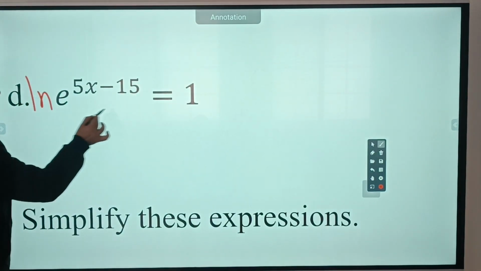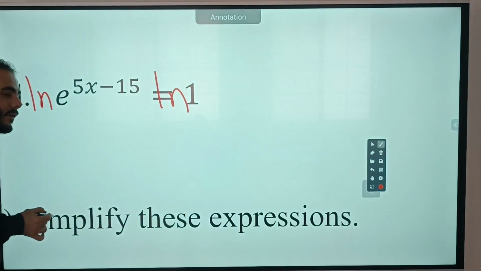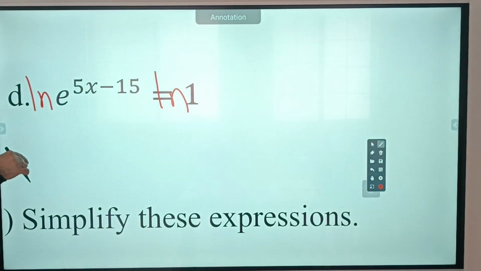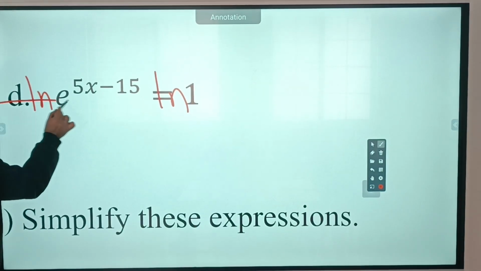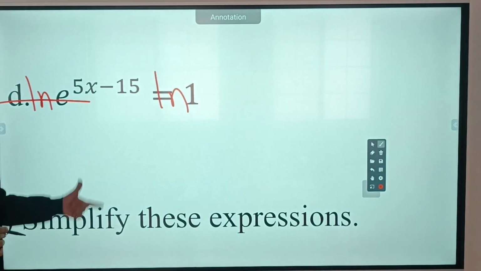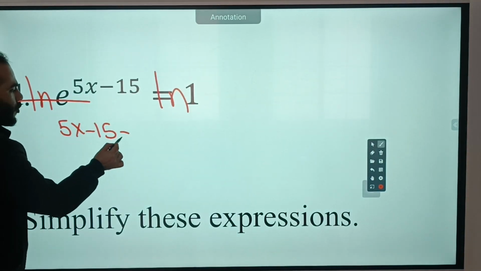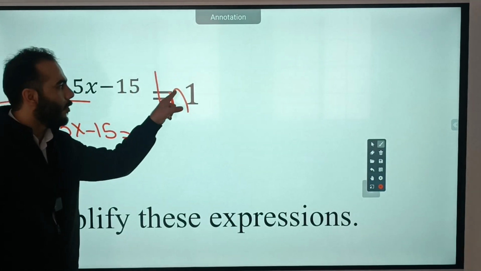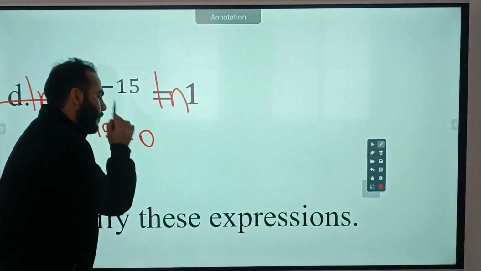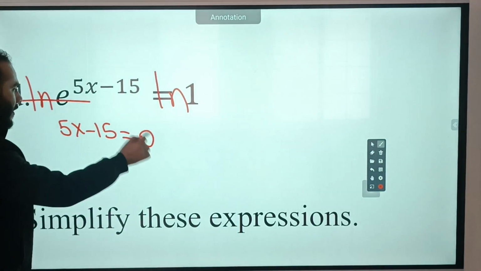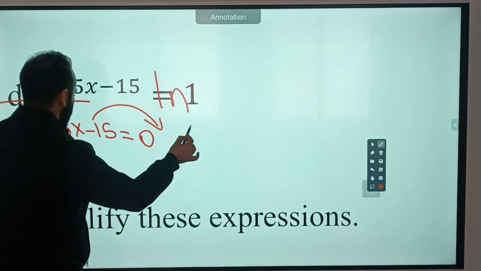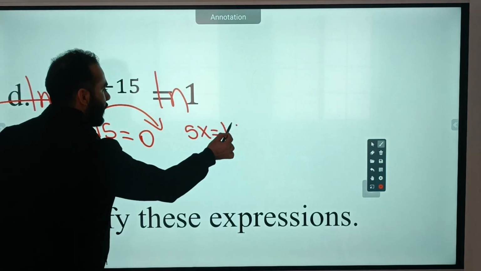If we take ln here and ln here, as we explained in the beginning of section 4.4, whenever ln and e reach each other, they are going to cancel each other out. So what will remain? 5x minus 15, as well as we studied that ln 1 equals 0. So right now, negative 15 is going to come here. 5x equals 15.